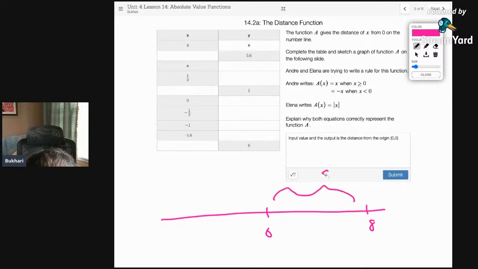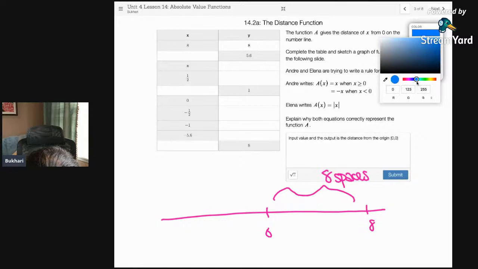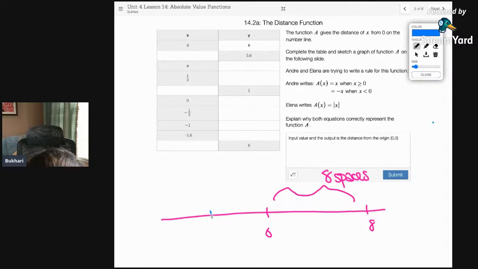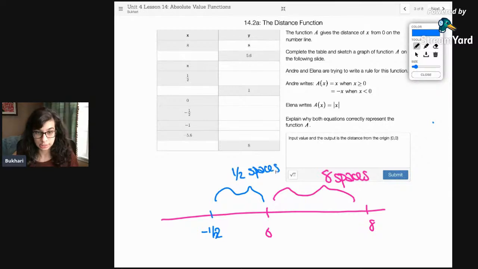This is 8 spaces away. That would be my absolute value. And if I have -1/2, this is just 1/2 space away. So it's still a positive distance, because distance is always measured as a positive value. You're looking at the distance between that value on the number line and 0.